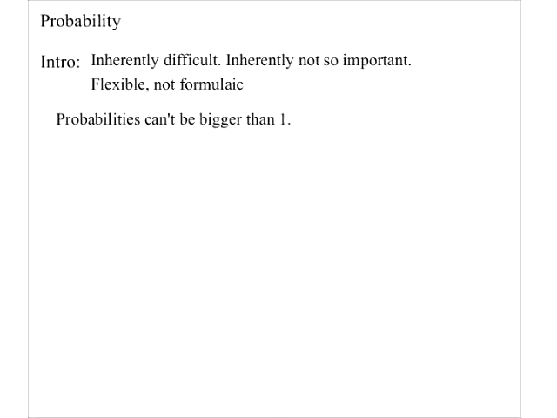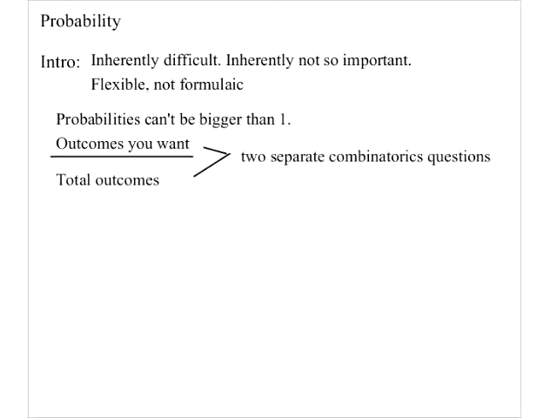Second, the answer to probability will be outcomes you want over total outcomes. This allows you to solve for a lot of probability questions by doing 2 separate combinatorics questions, one for the numerator and one for the denominator. Now, if you suck at combinatorics too, well, then you're in trouble. You might want to get better at combinatorics, but that is one way that you can go at these.